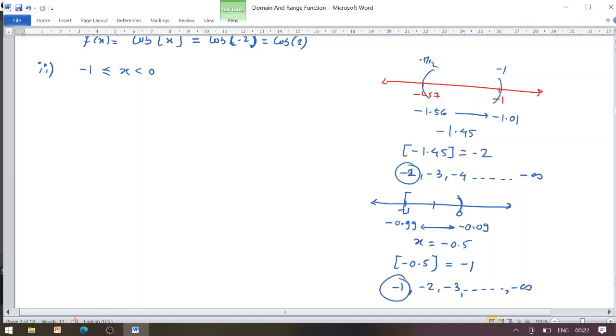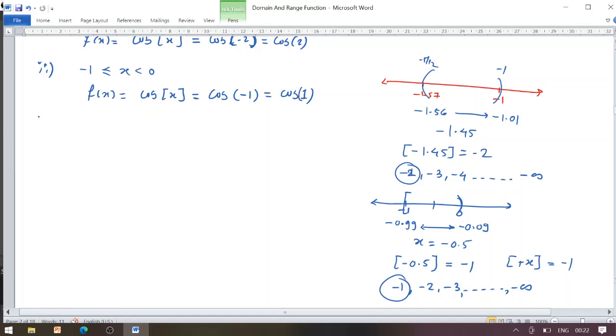So for any value of x that lies in the semi-closed interval minus 1 to 0, we have it as minus 1. So ultimately f of x equals cos of the greatest integer not greater than x, which equals cos of minus 1, and cos of minus theta becomes cos theta. So we have cos of 1.